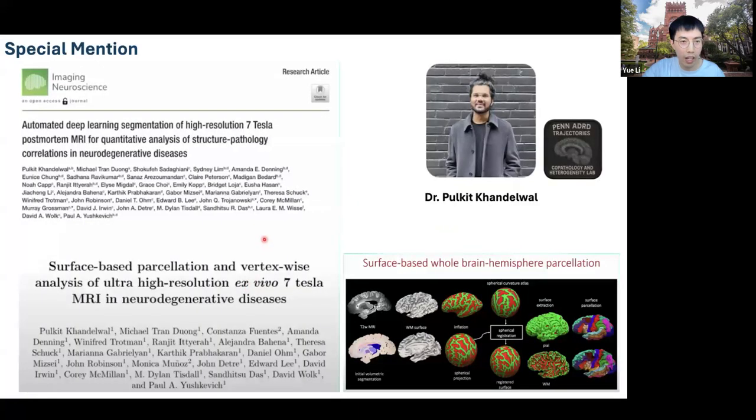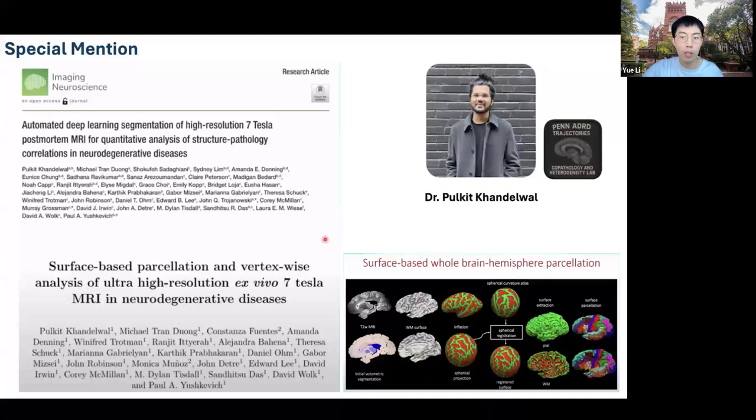And before we end today's presentation, a special mention is this recent work by Dr. Khandelwal on ex vivo 7T ultra-high resolution brain MRI. We know that the ex vivo data has higher resolution than the in vivo data.